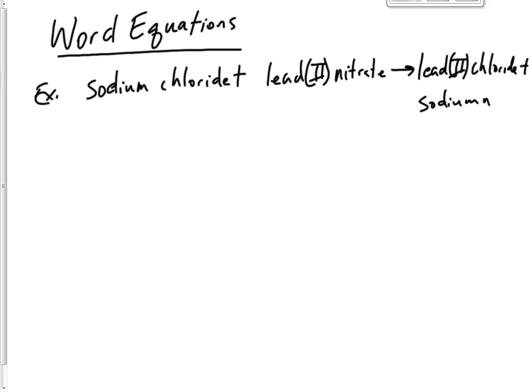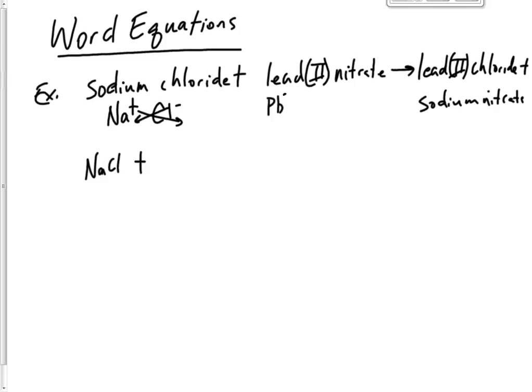If that's your equation, you really don't have to do anything except find the formulas for all of these different compounds that they've given you. So sodium is Na+, chloride is Cl-. We found the charges. Now we're going to cross the charges, and you get NaCl. They've already given you the plus sign.